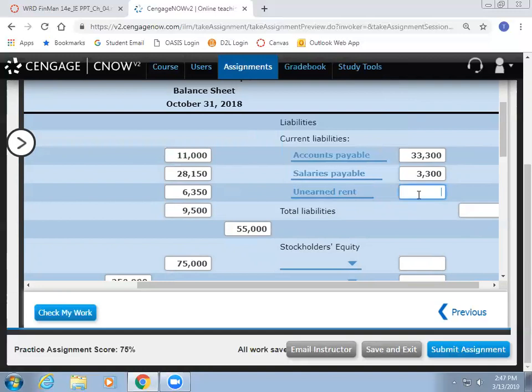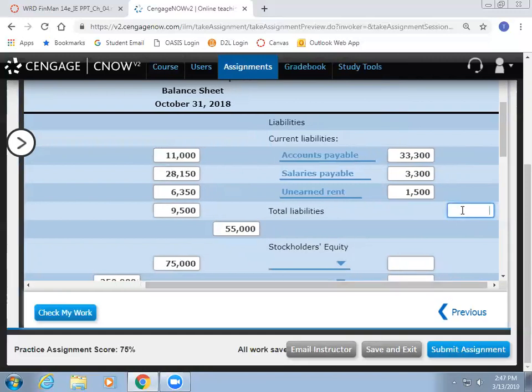And unearned rent of 1,500. So total liabilities, I add those all up. You should get 38,100 for liabilities.